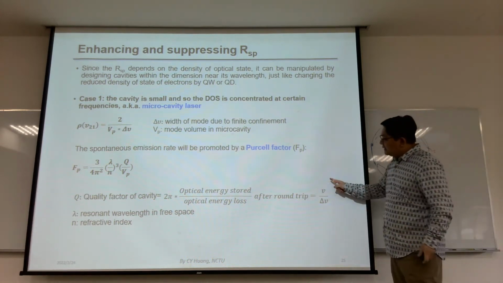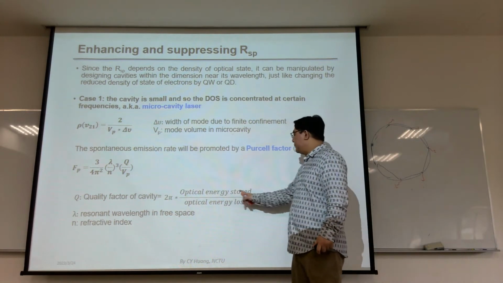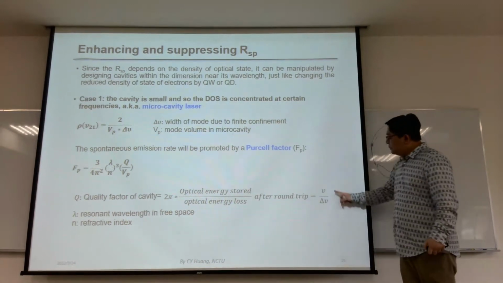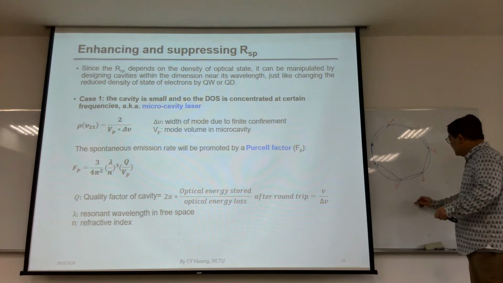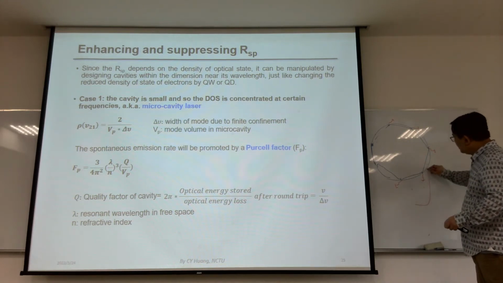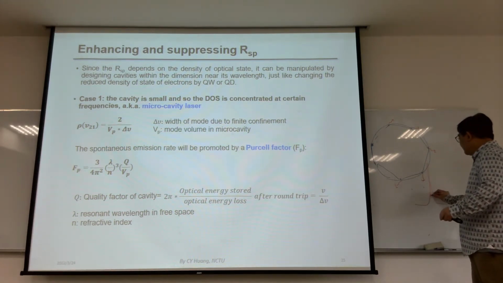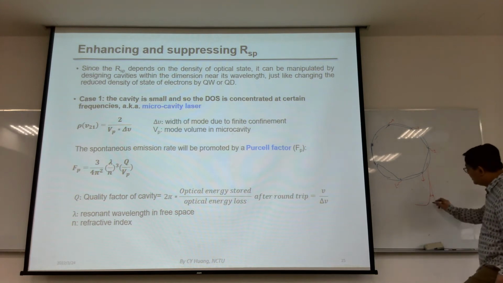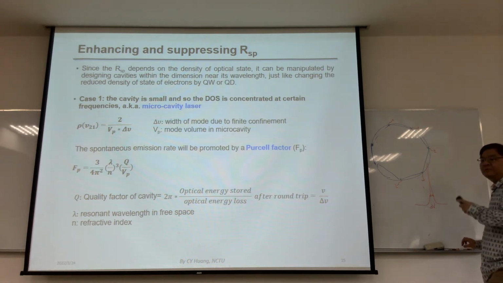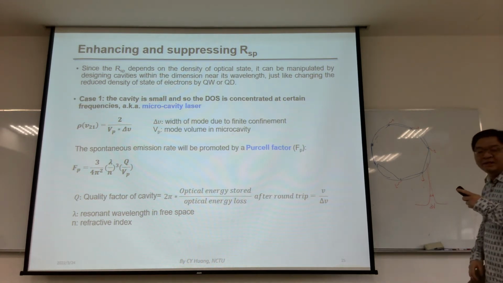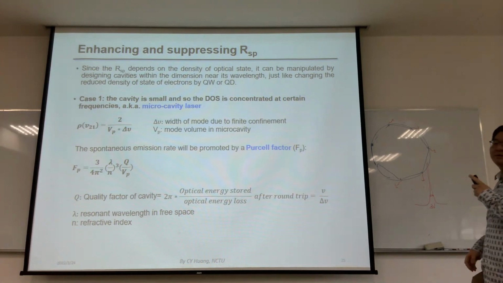This quality factor will also be equal to nu over delta nu. So if you get a spontaneous emission that is pretty sharp, your delta nu will be small. To some degree, you will start approaching stimulated emission.